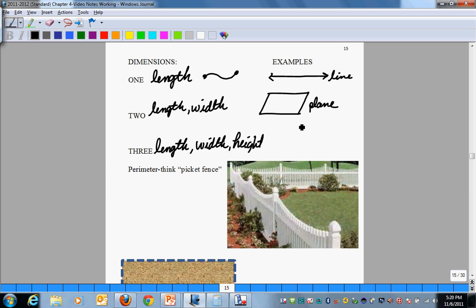A three-dimensional object that you'd be familiar with in geometry, something that has length, width, and height, would be a prism. Or you might know them as boxes. That would be 3D. So something that just has length is one dimension. Something that has length and width is 2 dimensions. Something that has length, width, and height is 3 dimensions.